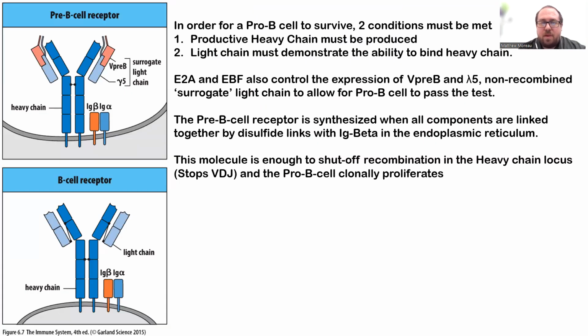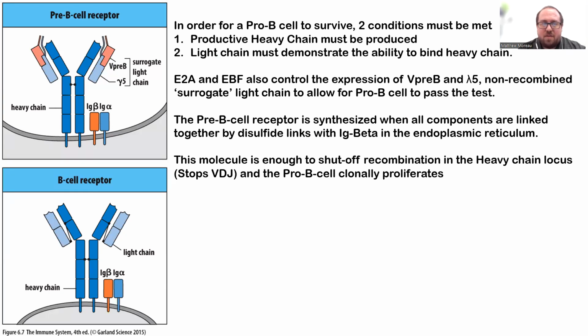So in order for a pro-B cell to survive, again, everything happens in twos with lymphocytes. They must produce a heavy chain that functions and a light chain that has the ability to bind the heavy chain.